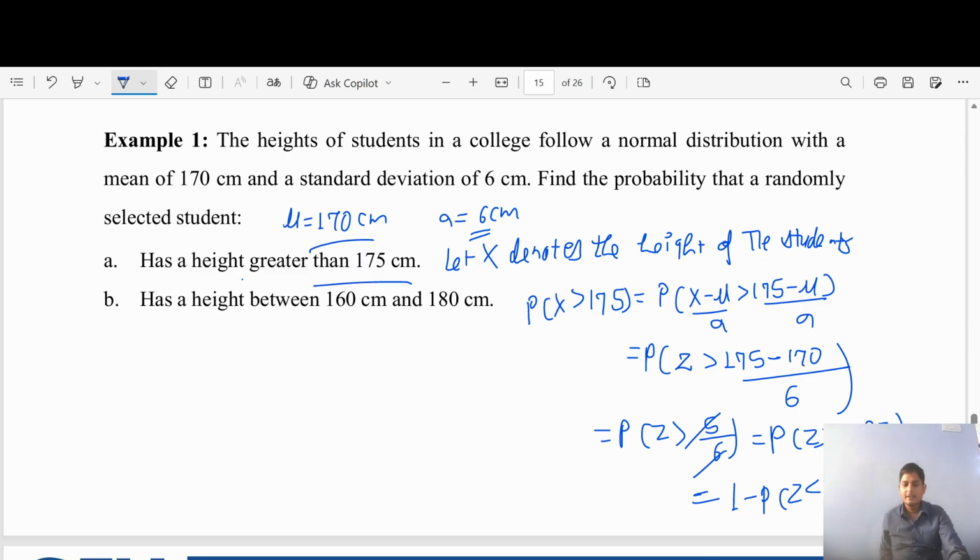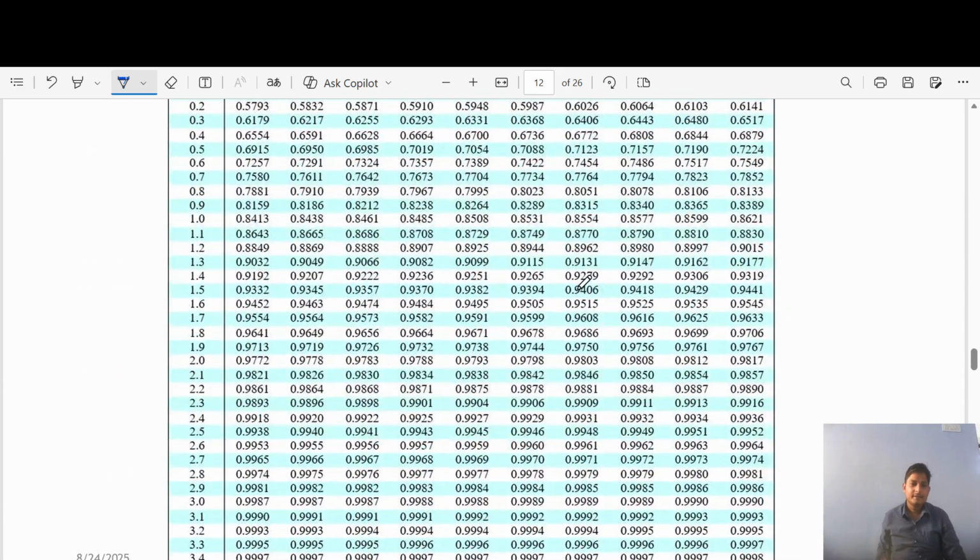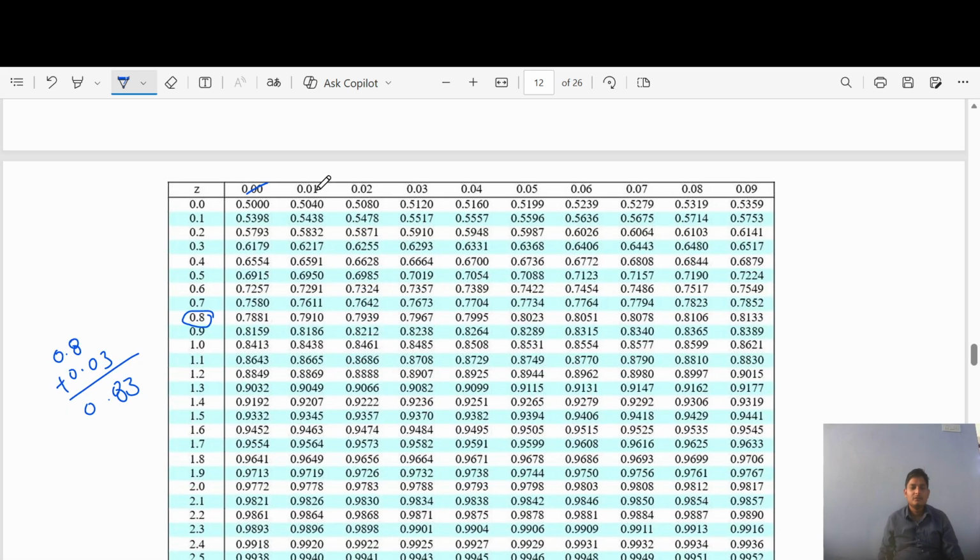We look for the value 0.83 in the table. You come to the table, find 0.8 in the row, and then add 0.03, so this becomes 0.83. Here 0.8 is given, and you go across 0.01, 0.02, 0.03.